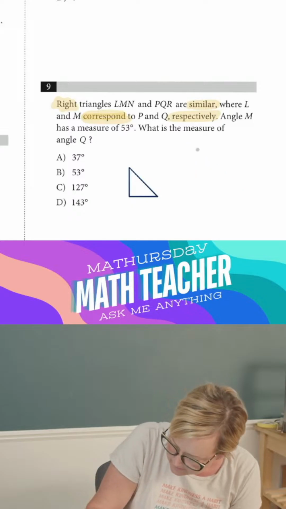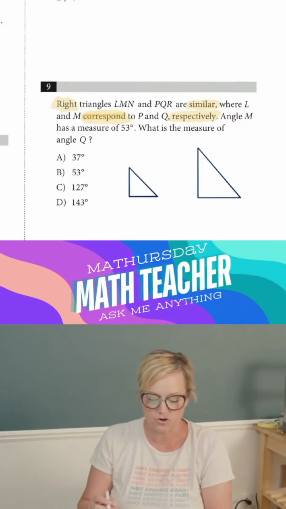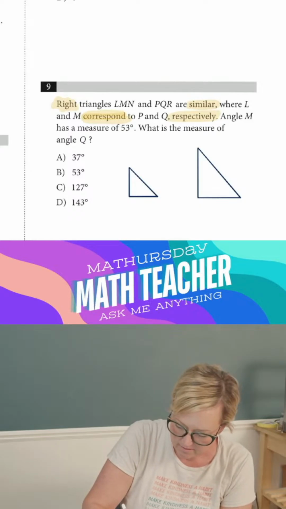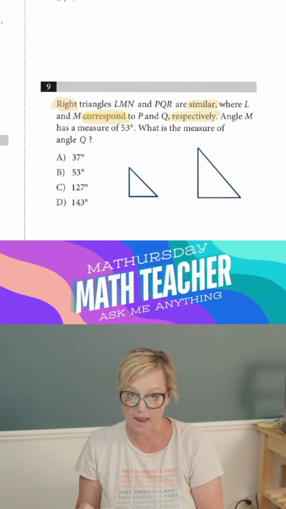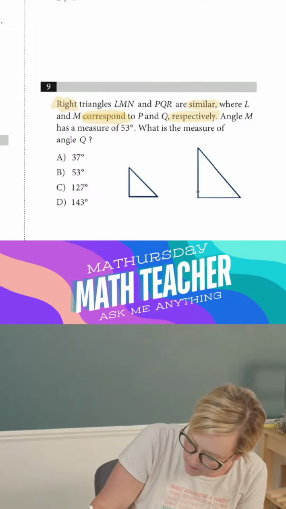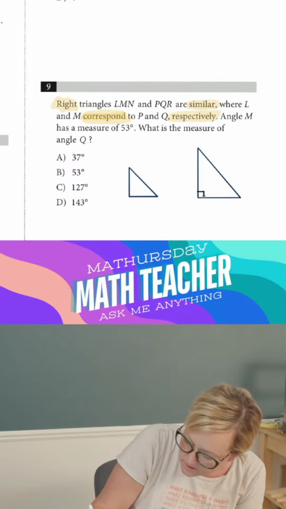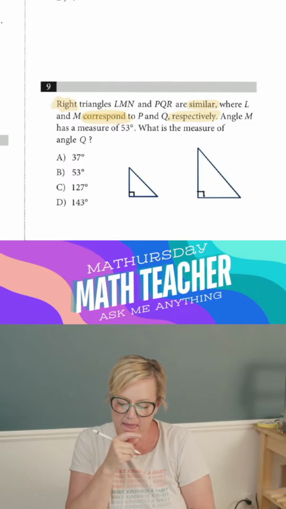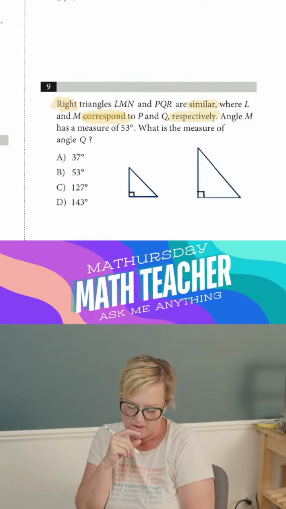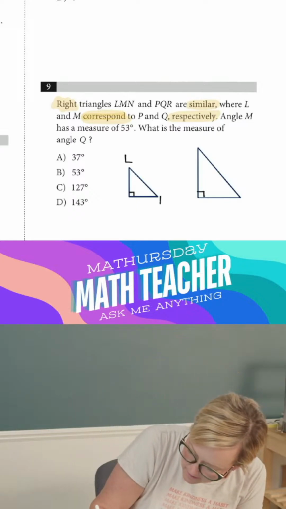So we've got two right triangles that are the same shape but different sizes. Trying this new little feature on my Concepts app. Okay, there we go. So we've got LMN and PQR. So I could do LMN.